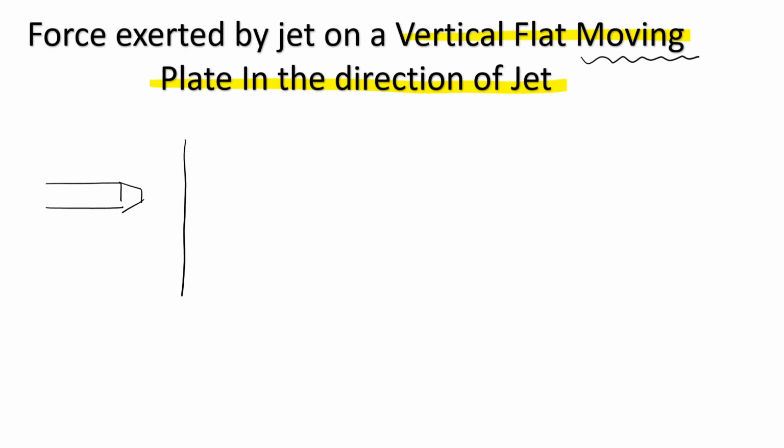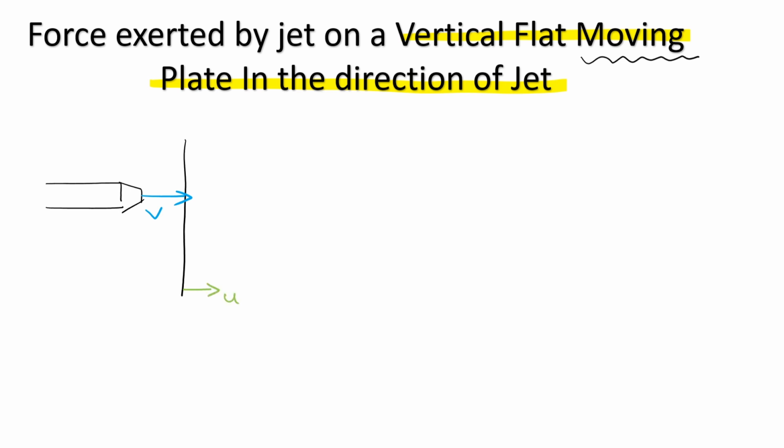So I am considering initially a jet of water with a velocity v striking on this flat plate, and we know that the flat plate is also moving. That means it will also have a velocity. Let that velocity be u.